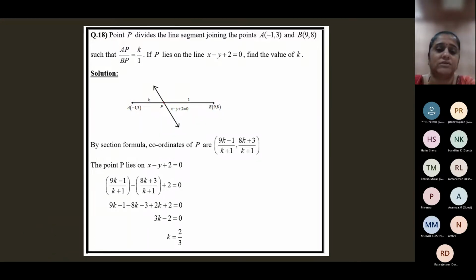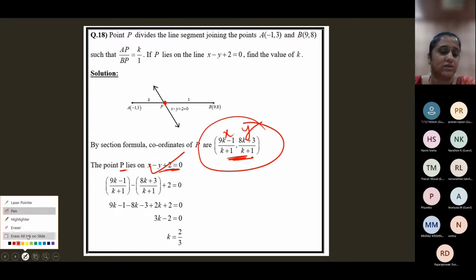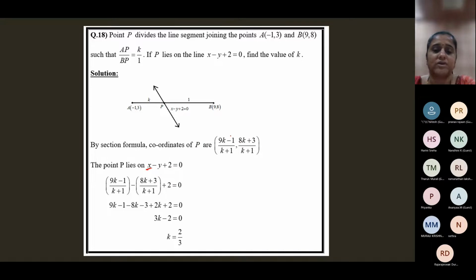So you can find the coordinates of P using the section formula. This is the x coordinate, this is the y coordinate of P. But since P also lies on this line, the coordinates of P should satisfy this equation. That means in place of x, use the x coordinate, and in place of y, use the y coordinate. I think I'll show you the step here.